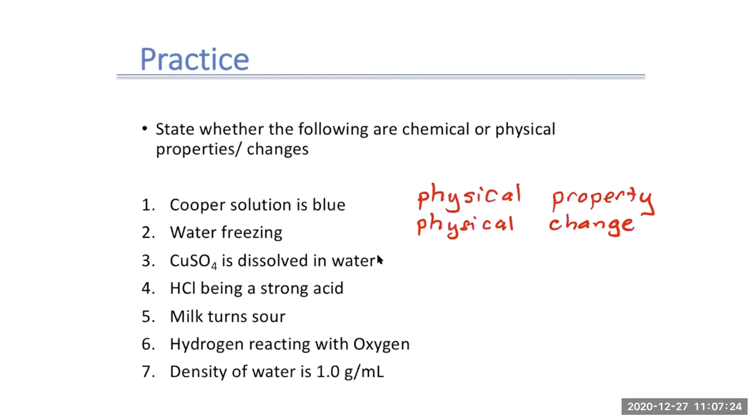So that means it's another physical change. And then if I describe hydrochloric acid, HCl, as being a strong acid, what I'm doing is I'm describing a chemical property about it. Being a strong acid is a chemical property.